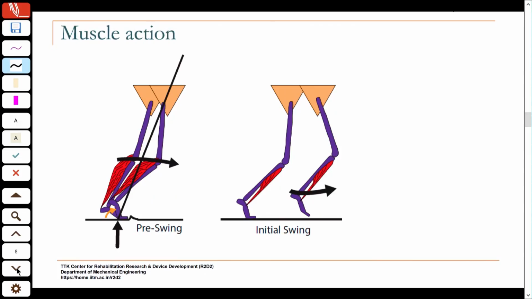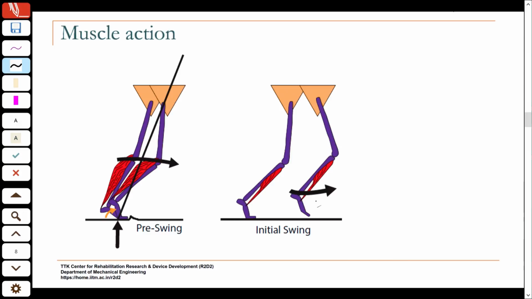So, you see here in pre-swing you have the triceps causing this active plantar flexion, and then in initial swing you see the tibialis anterior acting to lift the foot off the ground, because the foot is in a highly plantar flexed state when it lifts off the ground.